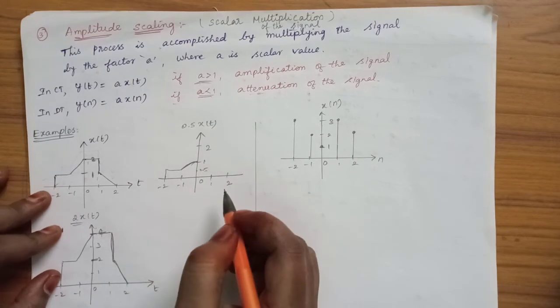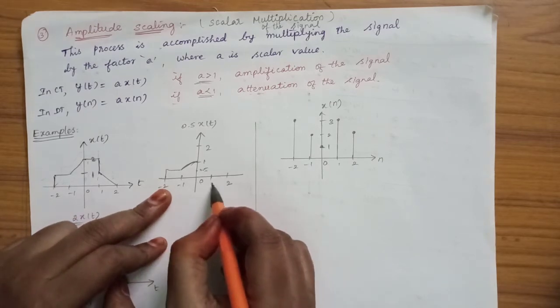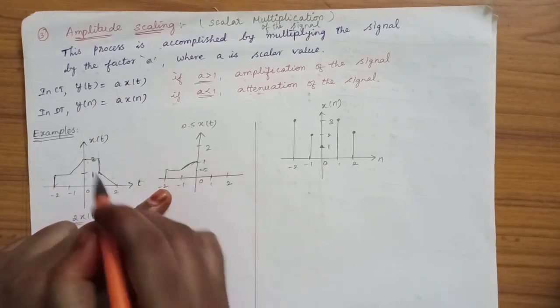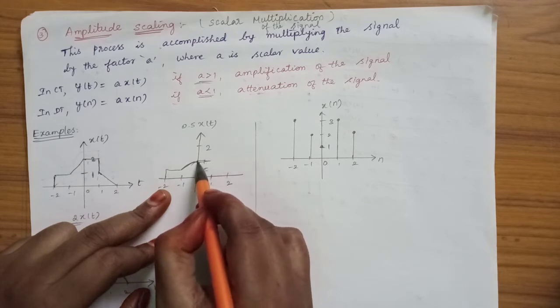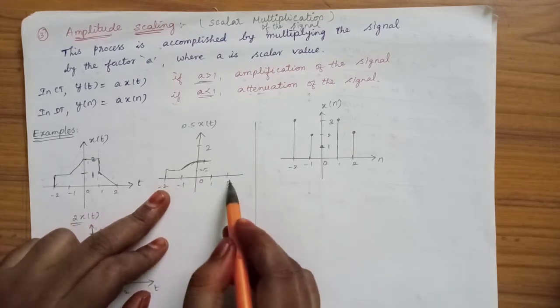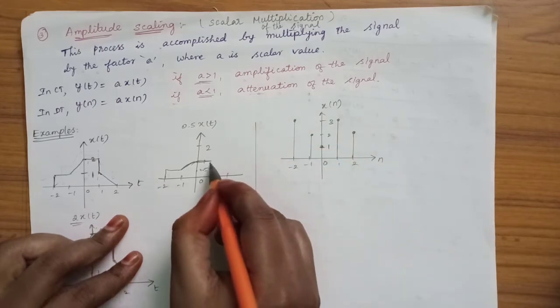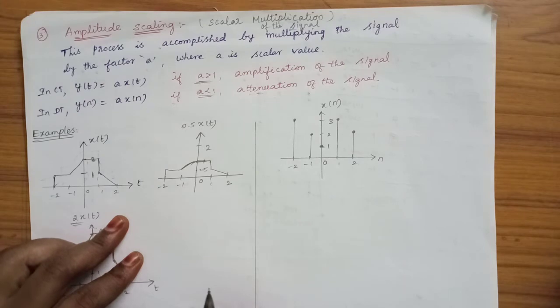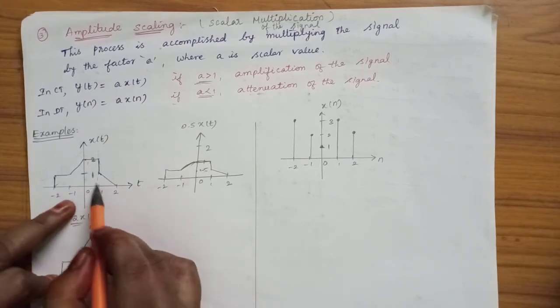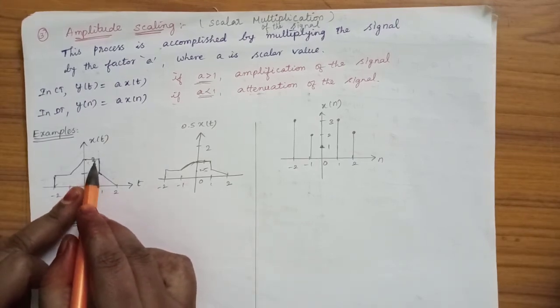And 0 to 1, it's 2, so 2 into 0.5, 1. In the original signal the values are 1 and 2.